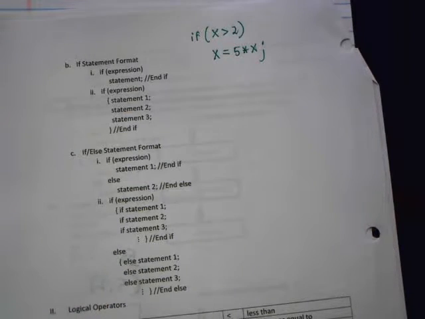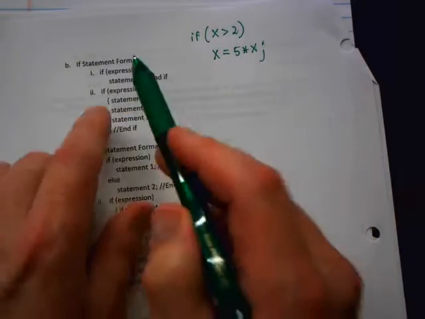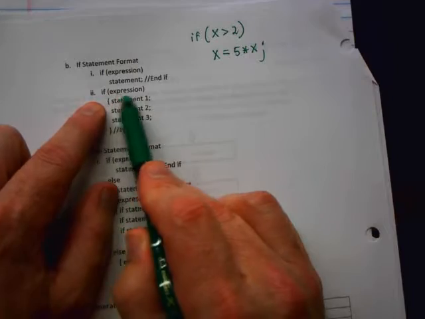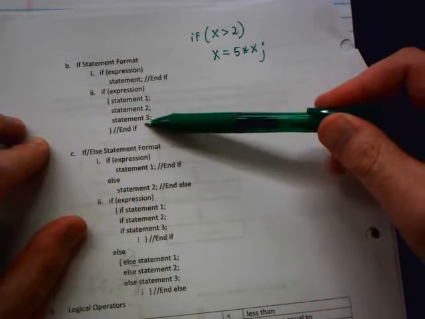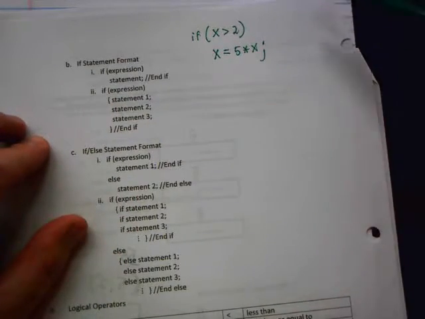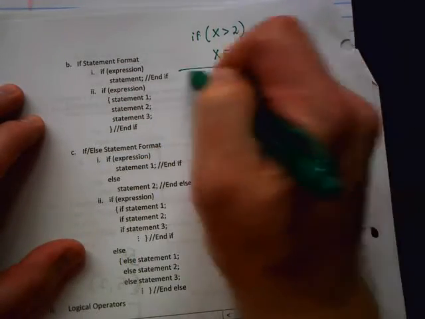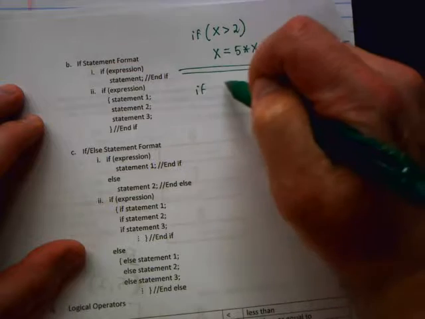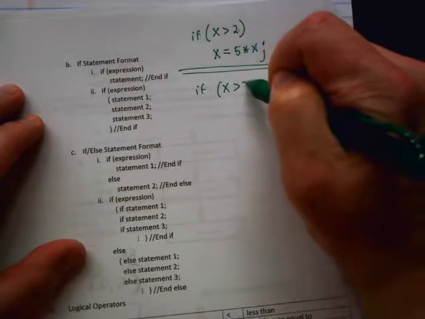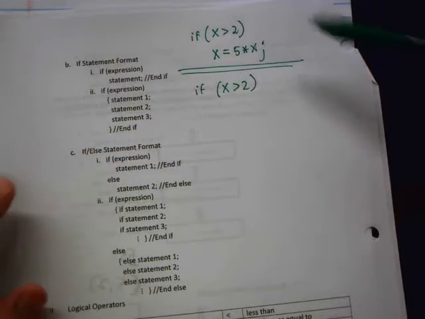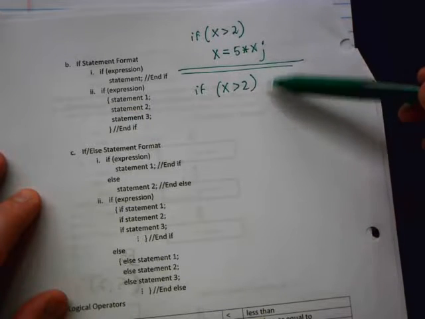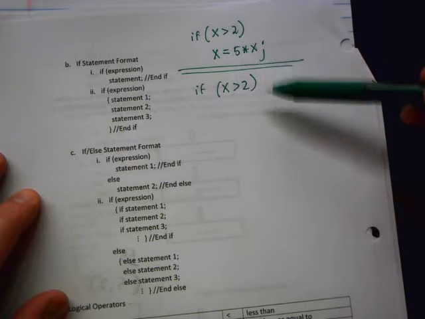Now, sometimes when your if statement is true, you want the computer to do more than one thing. If you want it to do more than one thing, then after the if, you write curly brackets. So for example, I might write if x is bigger than 2. And notice there's no semicolon at the end of this line. That's a really common mistake people make. They'll put a semicolon right there.